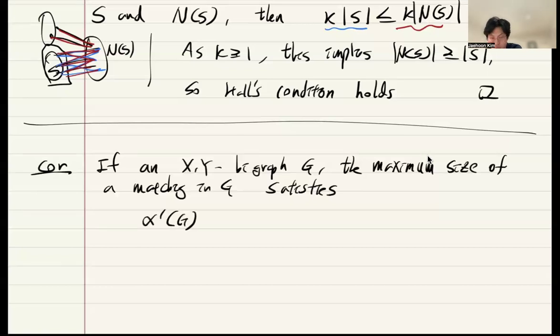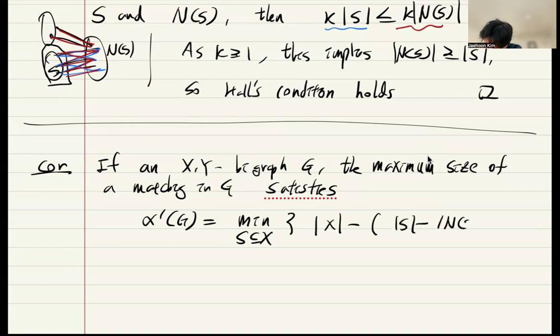That's how we write alpha prime of G. This is the minimum over all choices of S. You take the size of X, and then you subtract the difference between S and the neighborhood of S. So what does this measure?